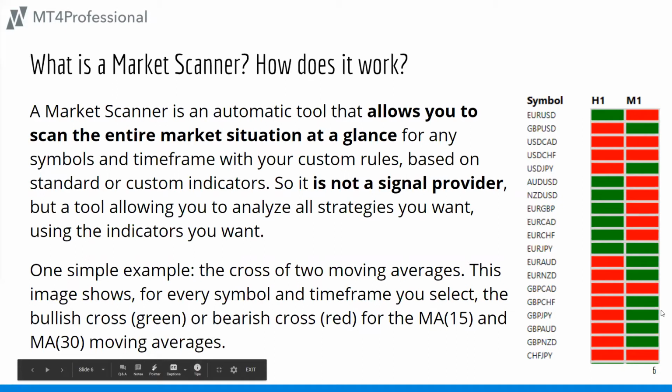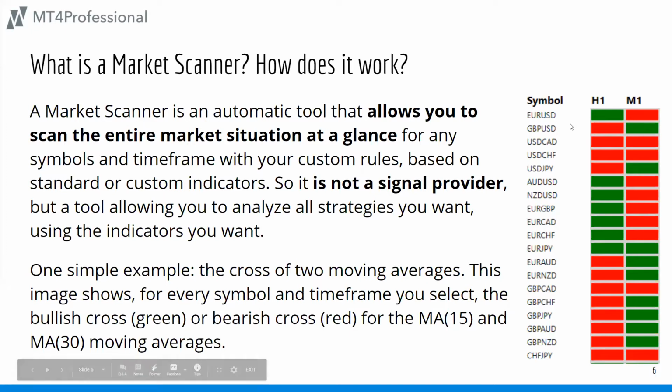So analyzing this, you can very quickly see that the short-term Euro US dollar is bearish, while the longer term is bullish. And just the opposite is the pound dollar. You can see some that are both green. You can see some that are both red. So those tell you they're very strongly either bullish or bearish.